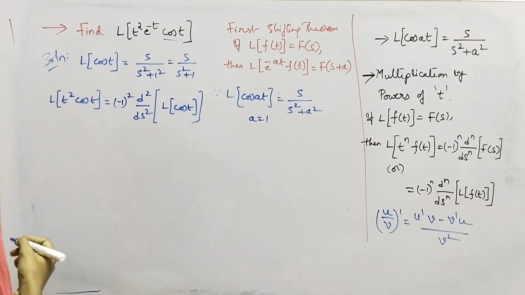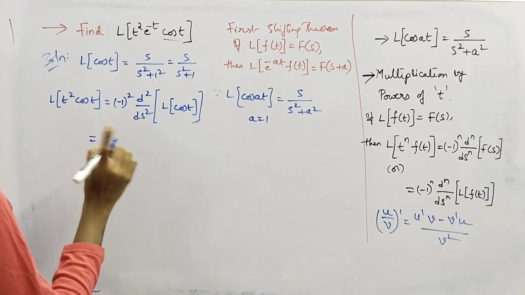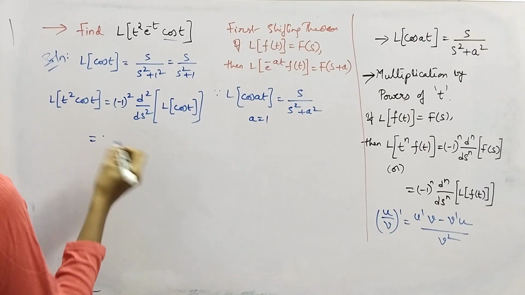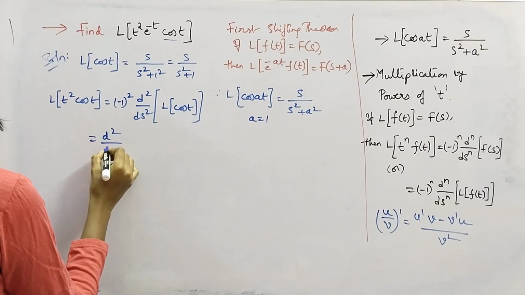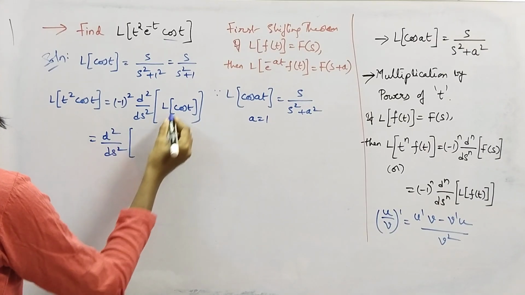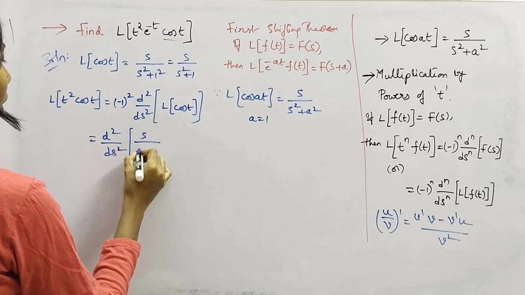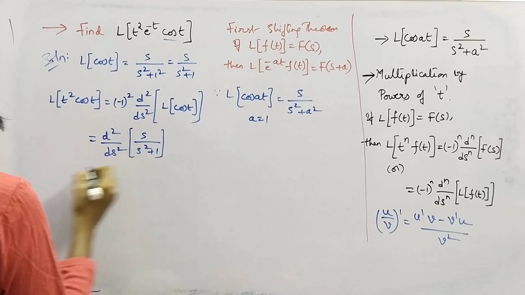Clear? This gives us minus 1 square is 1, you don't need to write. D square by ds square into, we know that L of cos t is s by s square plus 1.